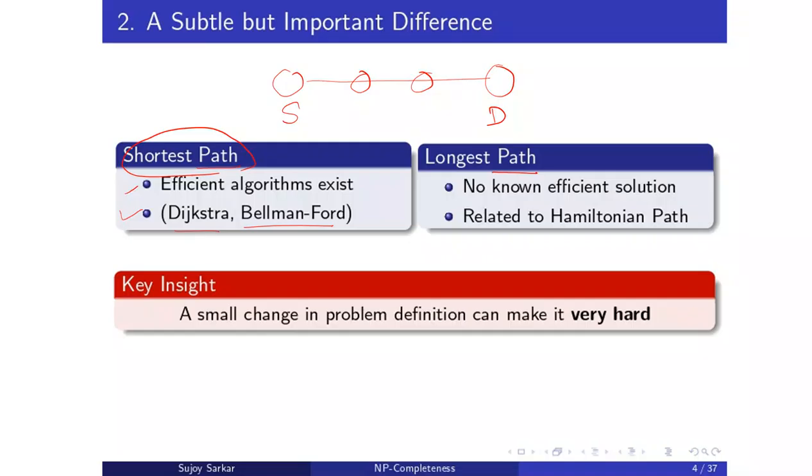But if we tweak the problem a little and ask for the longest path, though it looks similar, there is no known efficient solution, and it is actually a hard problem. So we have to be aware of these differences, as a small change in problem definition can make it very hard.